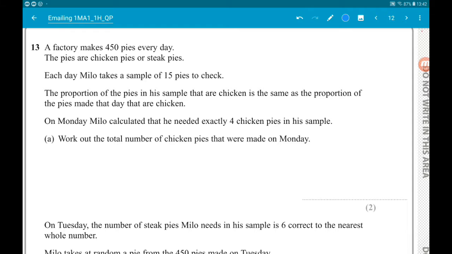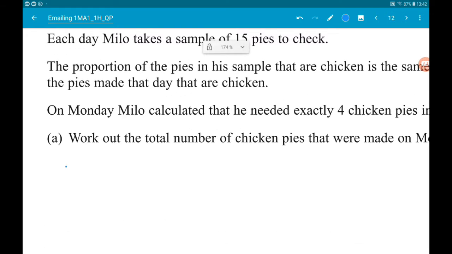So we need to find 4/15 of 450. So, we can't see it easily, we could use the bus stop to find 1/15.